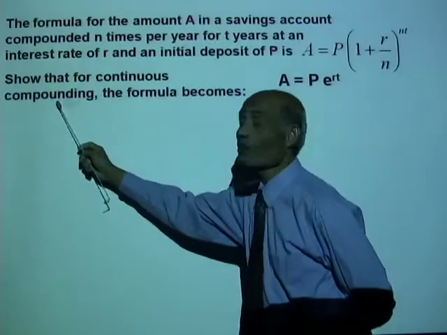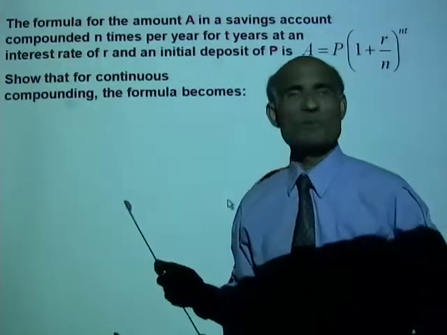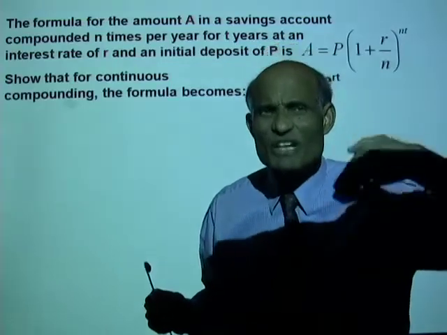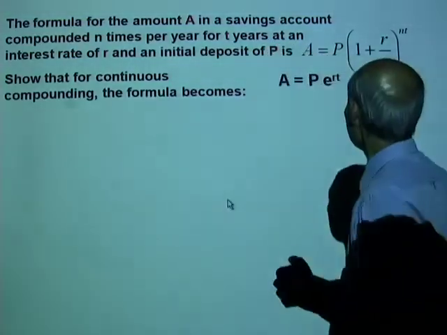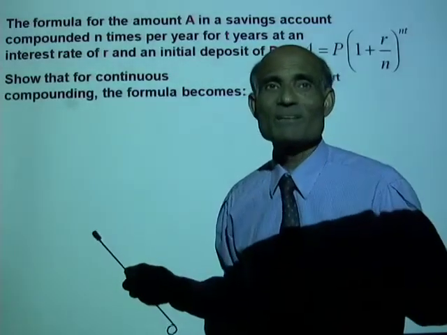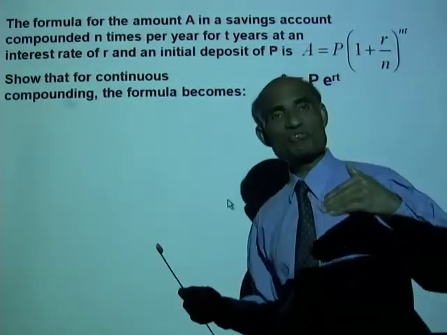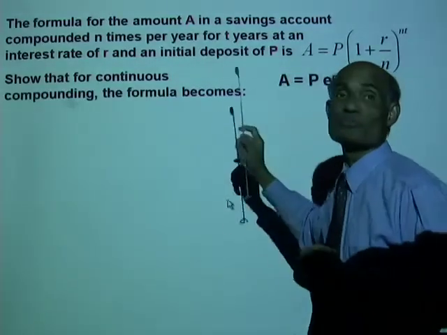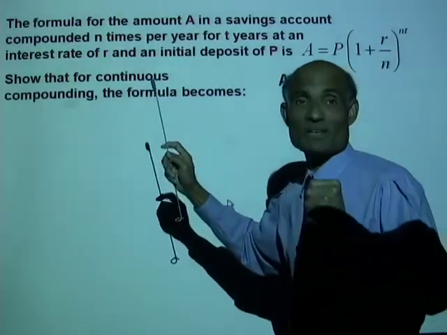Now show that for continuous compounding. What's the meaning of continuous compounding? It means interest is calculated continuously. If n is the number of times the interest is calculated, for example, if the interest is calculated six-monthly, then n equals 2. Is that right?